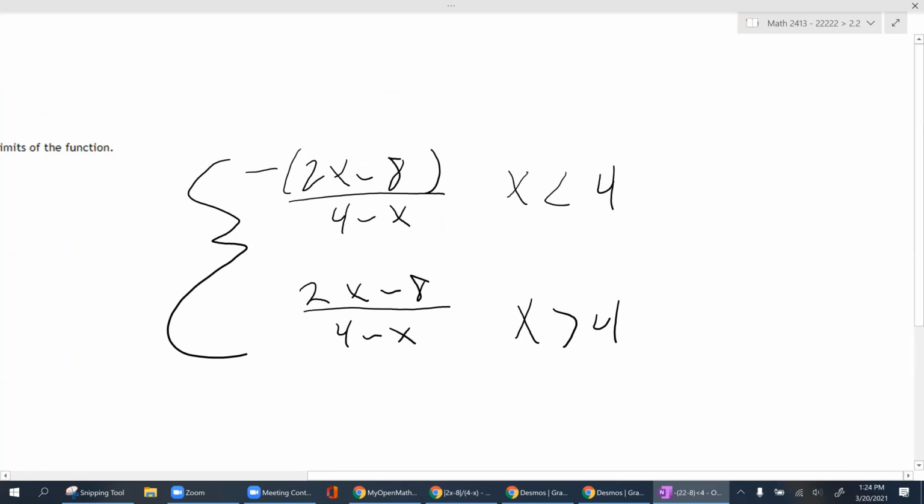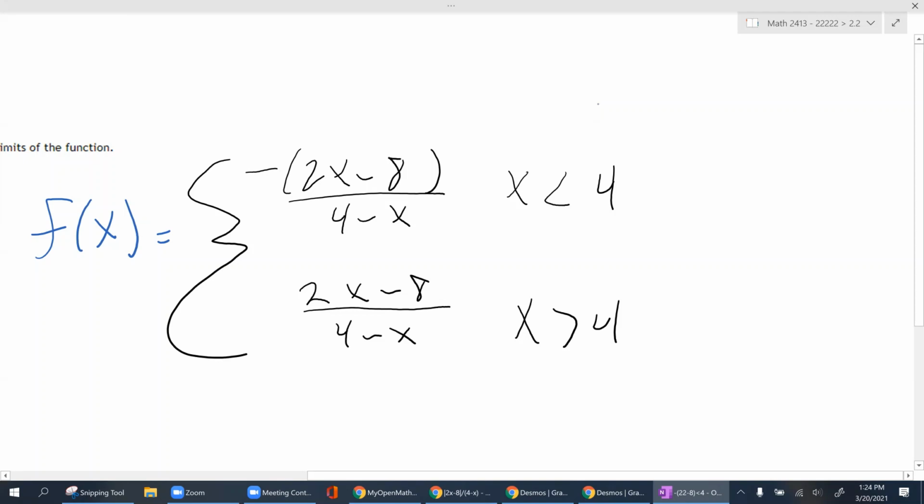The top part is going to make the absolute value disappear, but I need you to put a negative in front of everything, because this is a piecewise function now. And on the top here, for your x boundary, you're going to say x is less than 4.